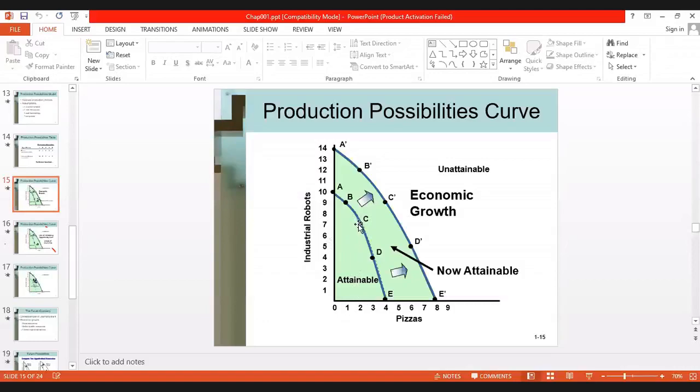That combination is determined by the demand and supply of pizza and robo.